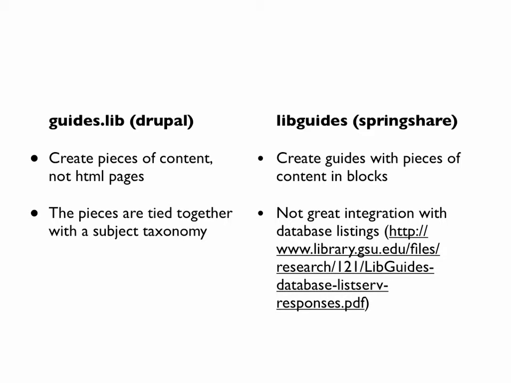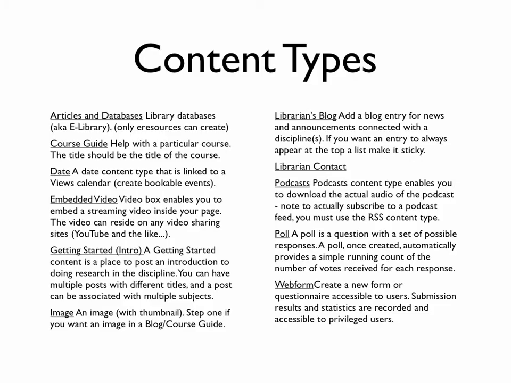It's more like you're going in and creating a page and putting blocks of information into that page. A block might have been created and could be used in several places, but you're creating a spot. There are ways around it, but LibGuides from SpringShare isn't great with integrating database listings, and I've got a link there that talks about that in great detail.